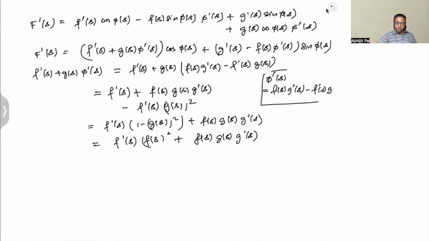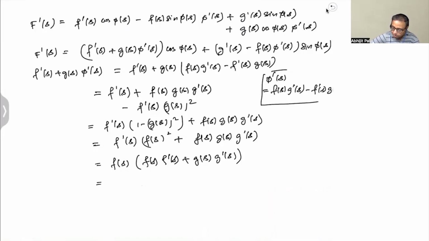Again you can take this f s common. So this will be f s times f prime s plus g s times g prime s, and this will be equal to 0.